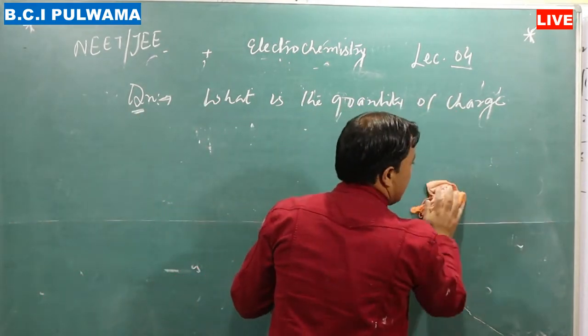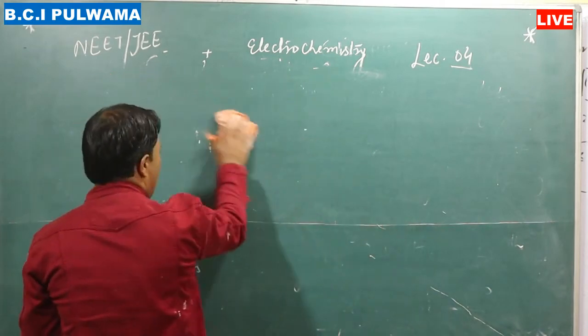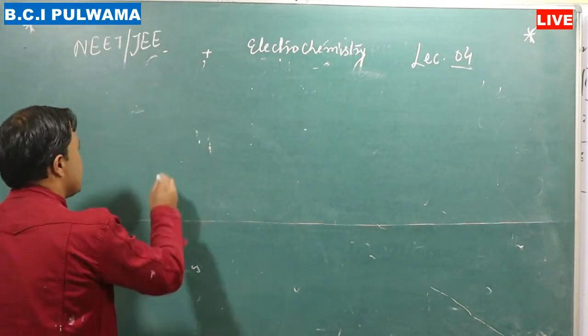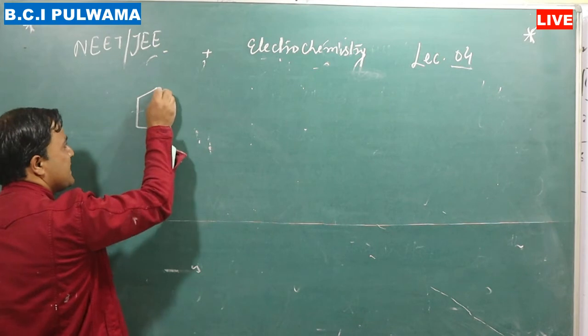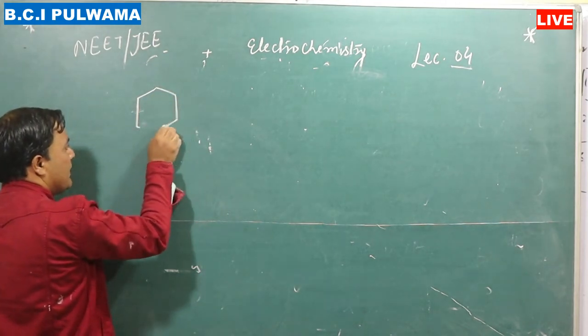The data we have is 12.3 grams of nitrobenzene. Nitrobenzene is C6H5NO2.